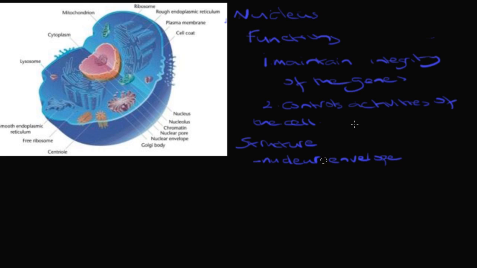So this is a double membrane which encloses the nucleus, and it isolates the nucleus from the cytoplasm, which is that fluid which is inside the rest of the cell.